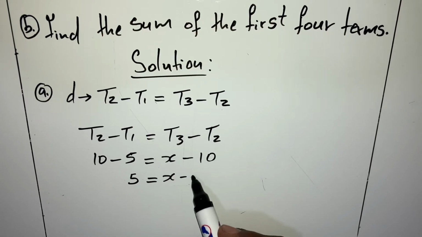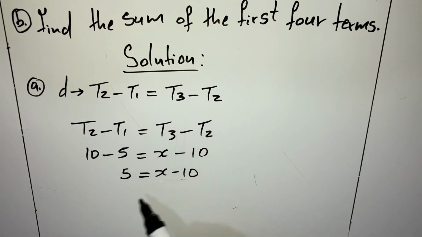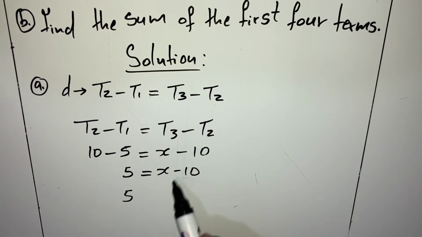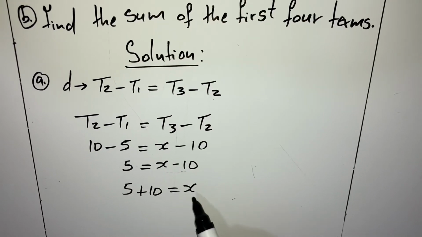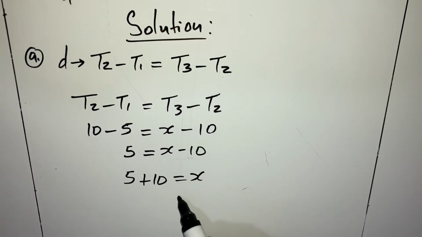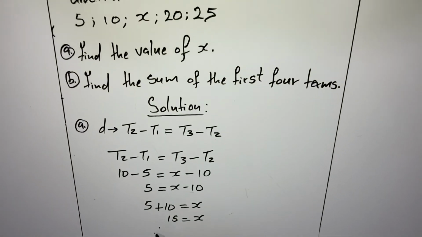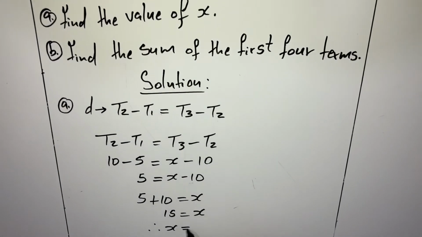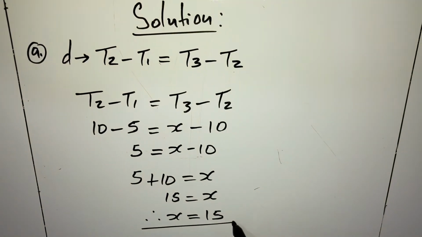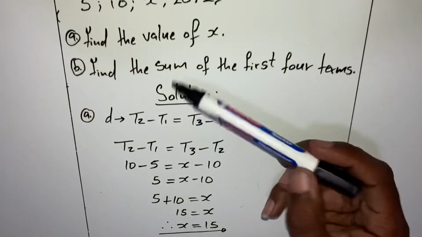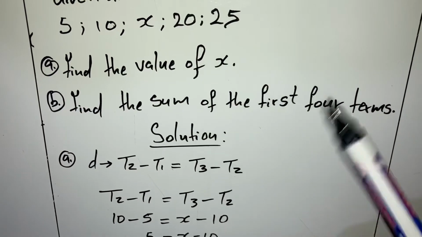Then we have x minus 10. We take our 10 to the other side, and the sign changes. We get plus 10, equals x. So x equals 15. Therefore, our x is 15. So we've answered A, which required us to find the value of x.